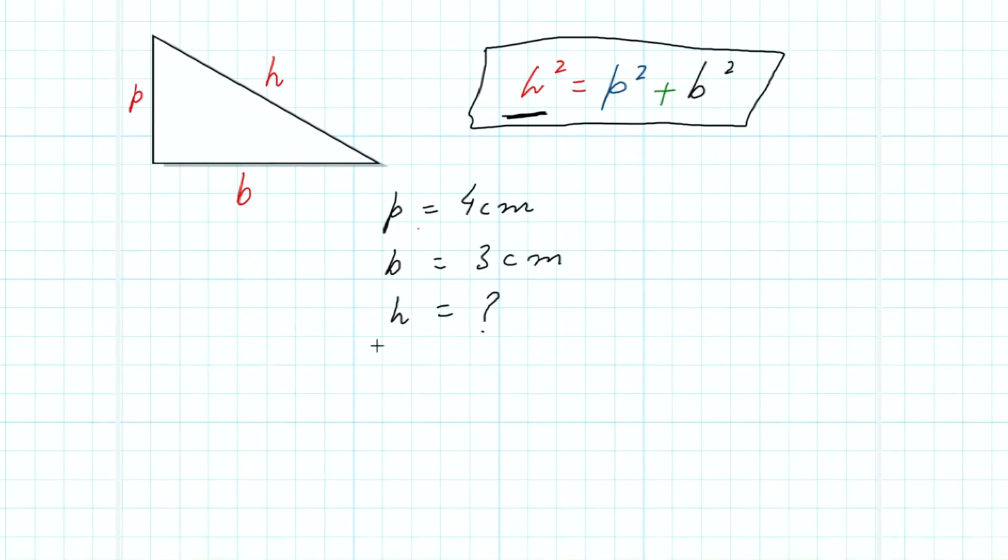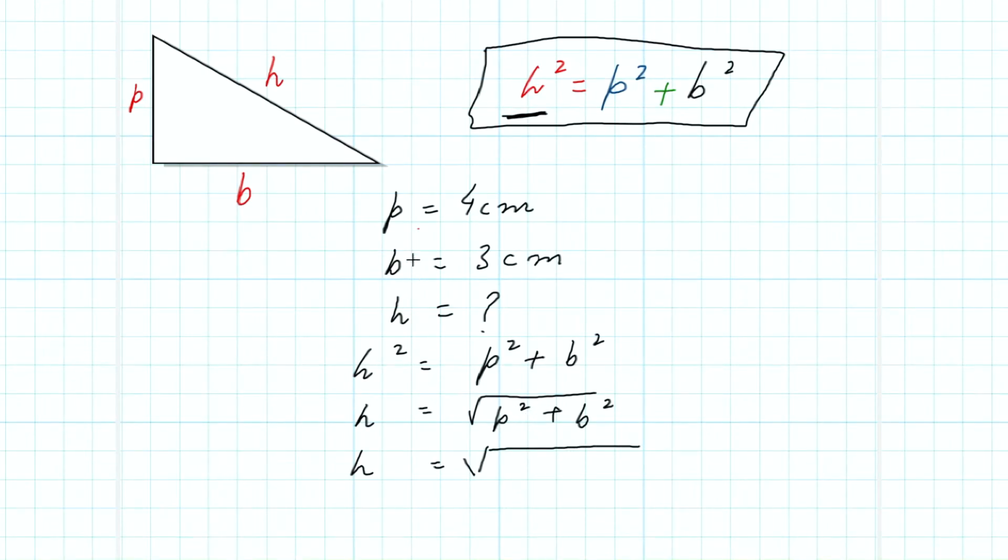How? You just have to write the formula h square is equal to p square plus b square, and you can also write it as, if you remove the square from here, you will get square root on the right hand side. And now you can easily calculate by putting the value of perpendicular and base.